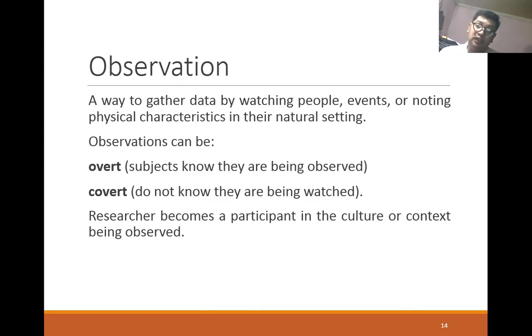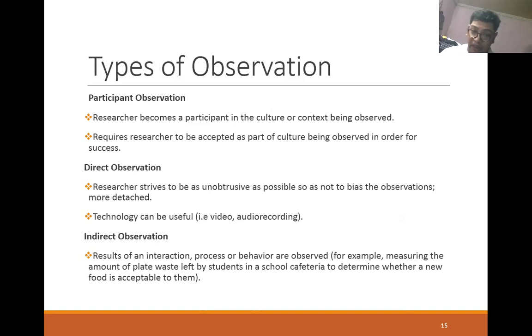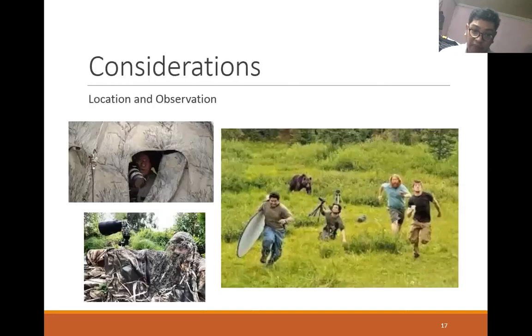For example, the marshmallow test is covert. Or for example, the overt, in a school, the principal watching over the teacher's performance in classroom management, etc. Types of observation: there are three main, but there are many others.